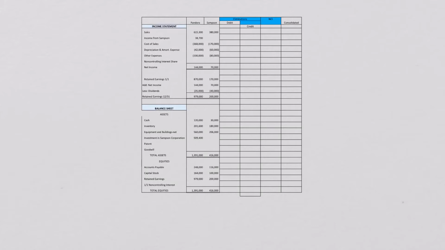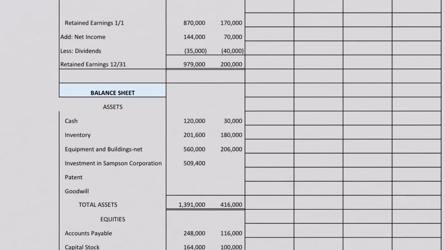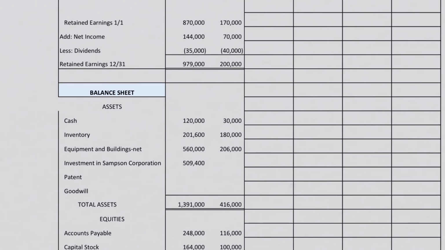The issue is inventory is purchased for a price greater than the book value that's shown on the subsidiary's balance sheet. So if this is the inventory line item, when the parent company purchases the inventory, it was on the books for 180, but in our problem it was really worth 190. So in our elimination entries, we would be treating this like any other asset.